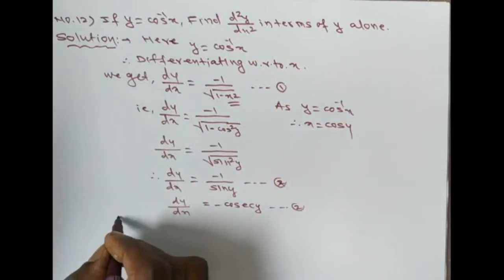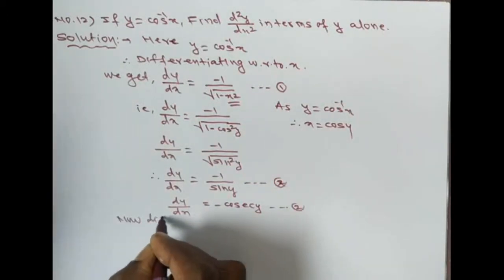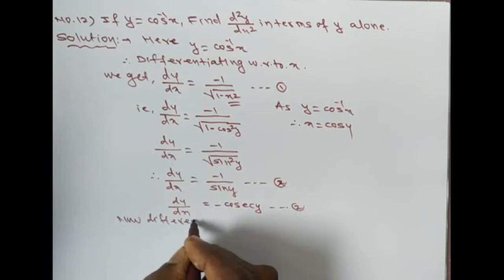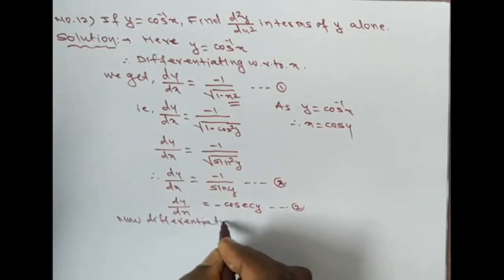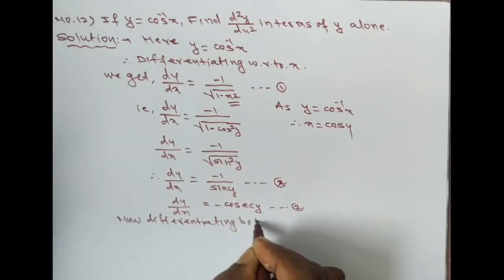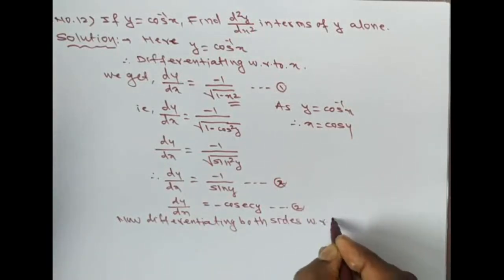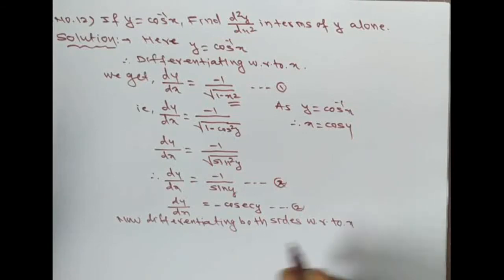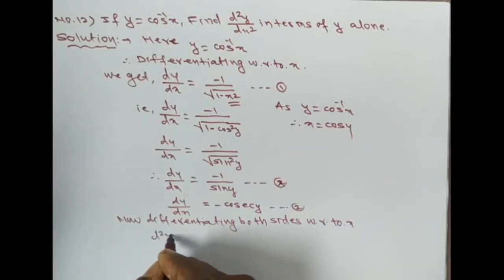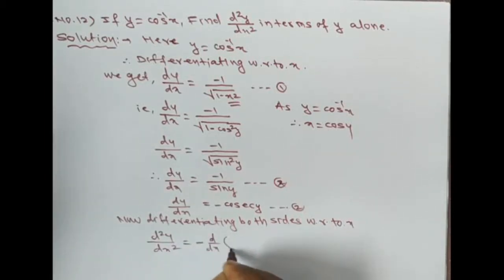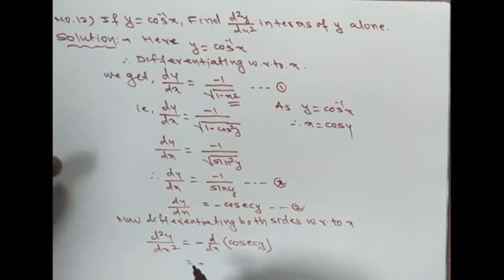Now differentiating both sides with respect to x, we get d square y by dx square equals minus the derivative of cosec y.